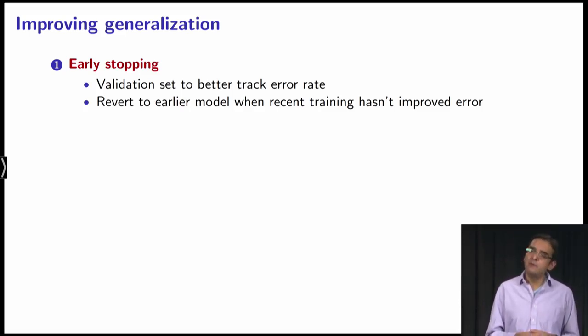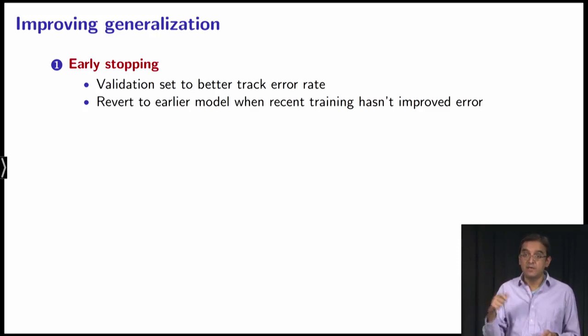Okay. So how can we use this? So here's one thing we can do. We run our iterations of training, and after every, say, 100 iterations, we move over to the validation set and see how the current model is doing. Okay, so we get the validation error, which is a good proxy to the actual error, and we see, have we improved from 100 iterations ago?